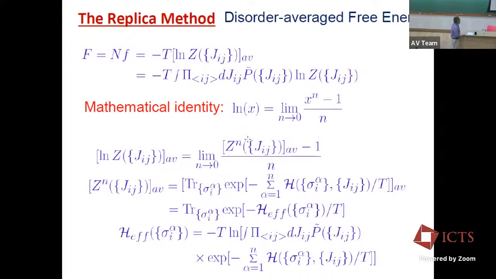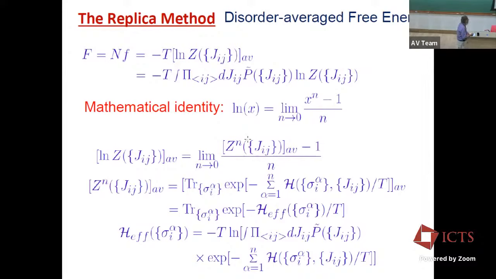So if I have any number of terms here, some of them come with replica index alpha, some of them come with replica index beta, which is not the same as alpha, and so on. For each replica index, you have to pull out the term which carries that replica index, and then do the average. If there are many different terms, some of them with different replica indices, then for each of these replica indices you get a thermal average, and you get a product of the thermal averages.